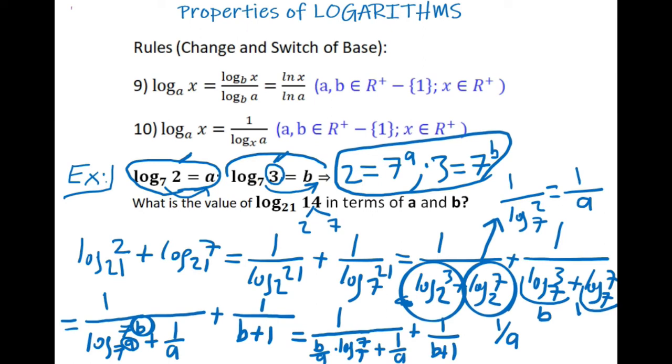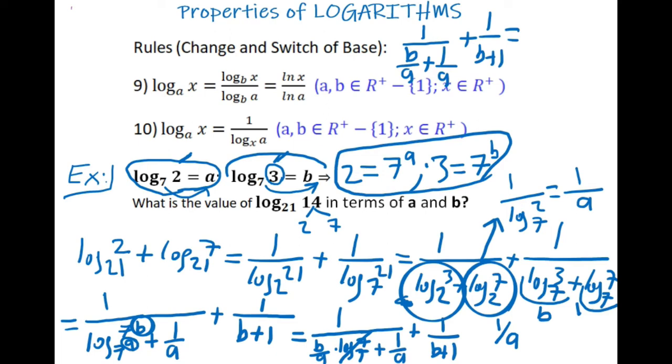Logarithm of 7 in base 7 is 1, so I'm just crossing this value. And let me write the rest of the question at the very top at the right. So this is going to be equal to 1 divided by b divided by a plus 1 divided by a plus 1 divided by b plus 1.